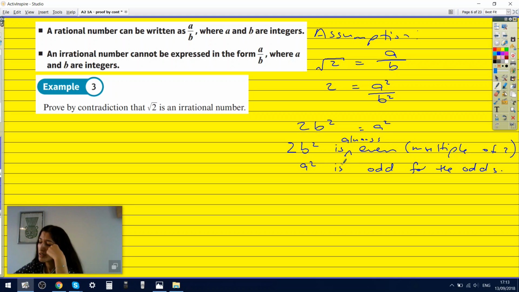A squared is odd for the odd numbers. So 2b squared is not always equal to a squared. Okay, and I suppose therefore root 2 is an irrational number.